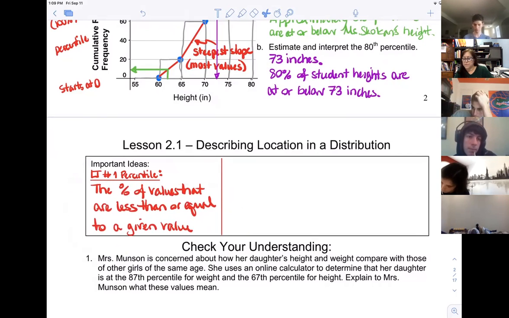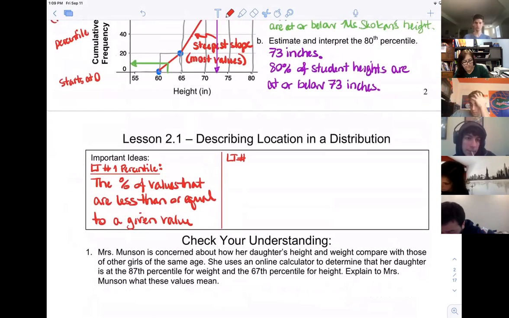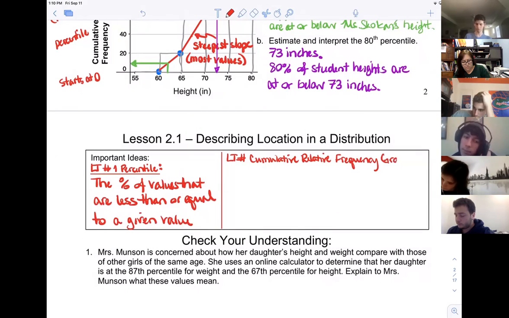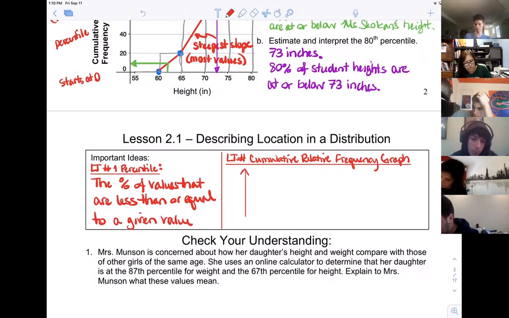Okay. The second learning target that we had was all about the cumulative relative frequency graph. And so we're going to have that horizontal and vertical axis like we're used to.